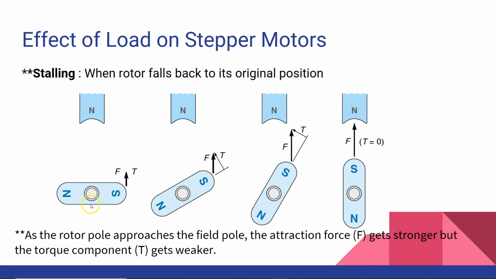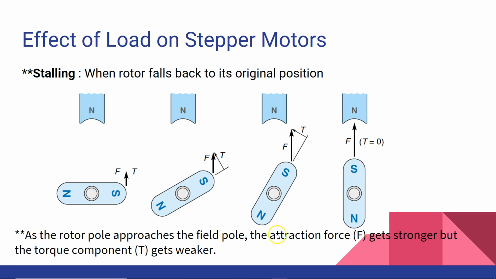As the rotor pole approaches the field pole, the attraction force gets stronger, but the torque component gets weaker. In the last picture you can see the rotor is aligned with the field pole, and in this situation the torque is very small, or you can say torque is actually zero.